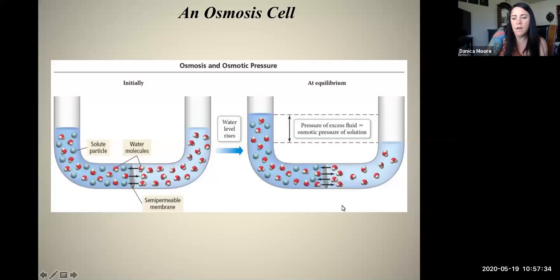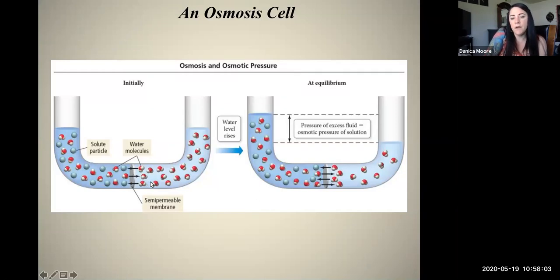This is also why you shouldn't ever drink distilled water. If you drink distilled water, you're increasing the amount of solvent outside of all of your cells, and that's going to pull more water into your cells, AKA make you get more bloated. And then the cells can explode if you do too much of that.